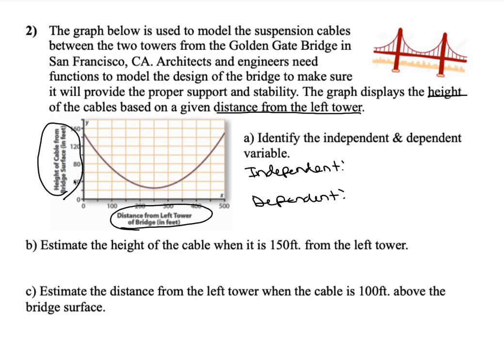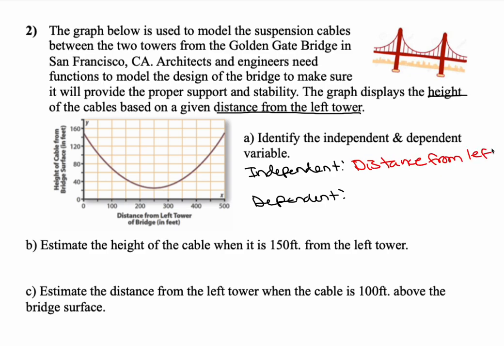So that is automatically your dependent variable. So our independent variable would be the distance from the left tower. And the dependent variable is going to be the height of the cable from the bridge surface.